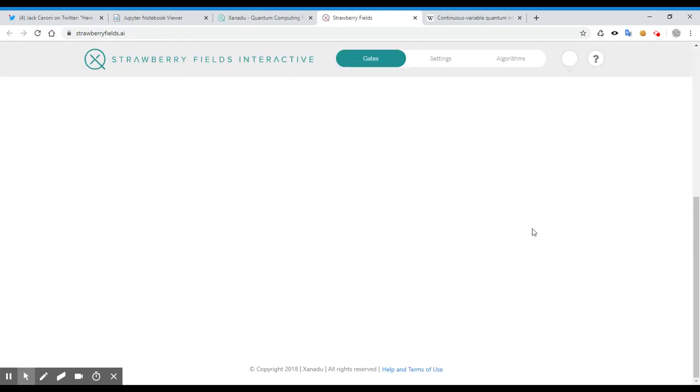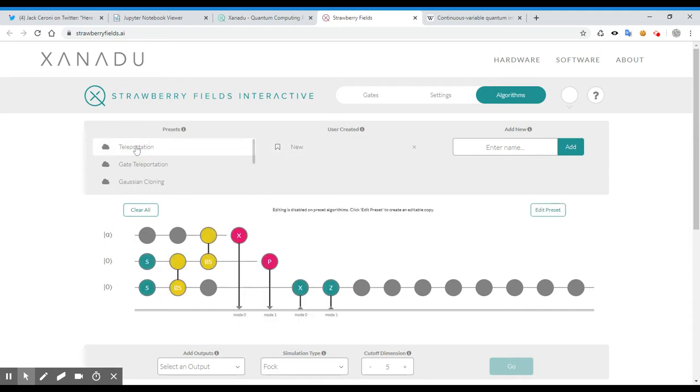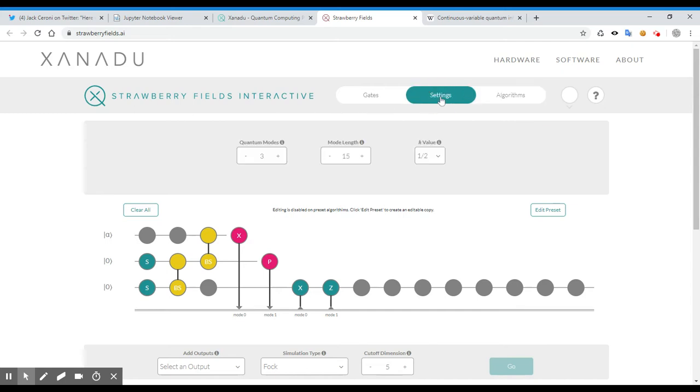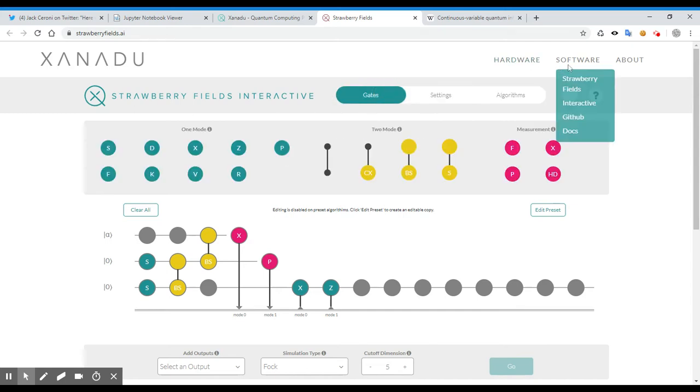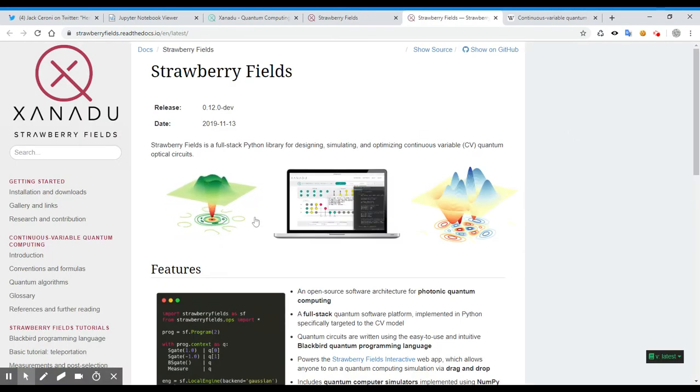Algorithms. Settings. Software. Docs. Oh yeah, the sense animations.